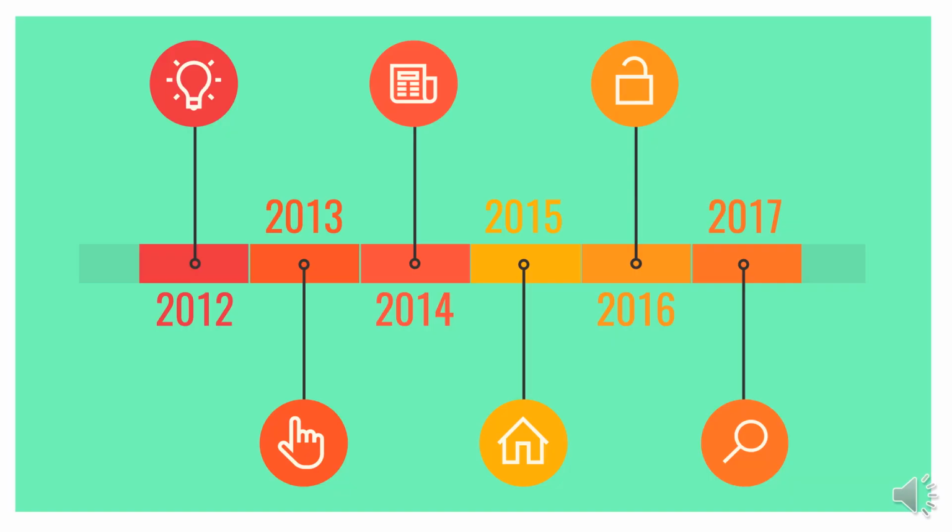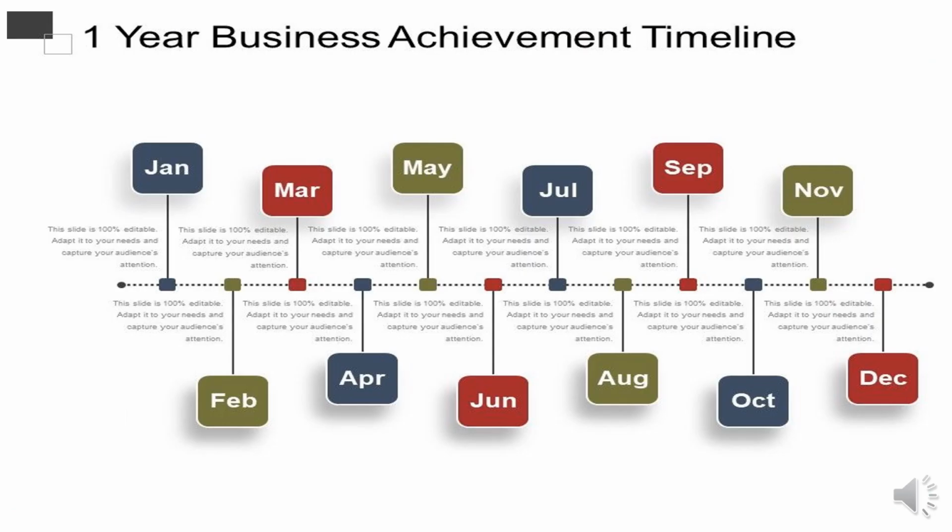Yes, you can see that here they have not given any description. They have shown a pictorial, right, symbols. I would like to say they have shown the symbols. Okay, here you can say a 1 year business achievement timeline, right?